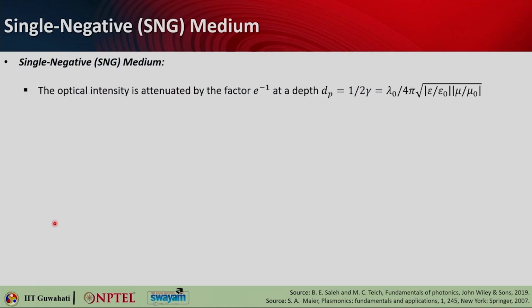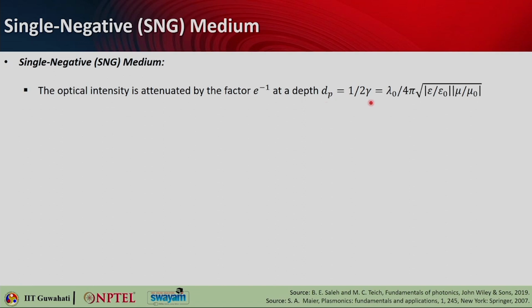We have already discussed that because beta is 0, no propagating waves are supported in this medium. You can also find the depth at which the amplitude, or you can say the intensity, of the wave is attenuated by a factor of 1 by e, and that happens at a depth of dp.